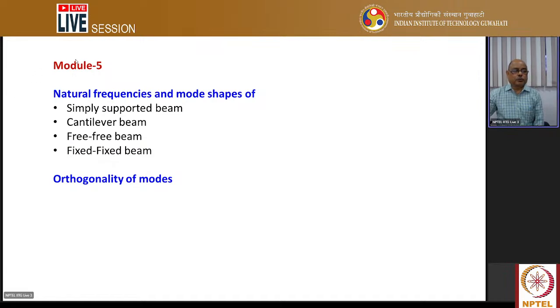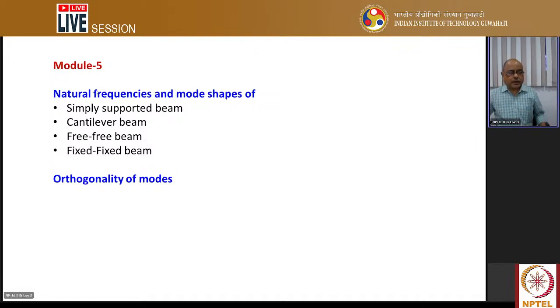So in module 5, that is the 5th week, 3 lectures were given, and in these 3 lectures we discussed the natural frequencies and mode shapes of beams with different support conditions: simply supported, cantilever beam, free beam, fixed beam.